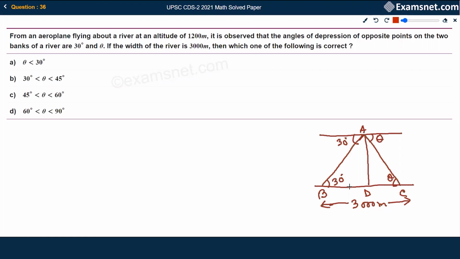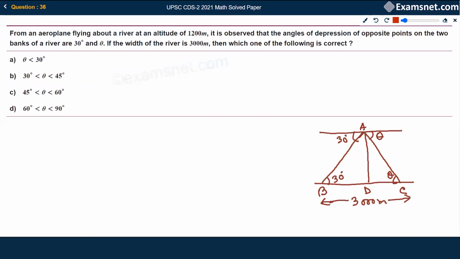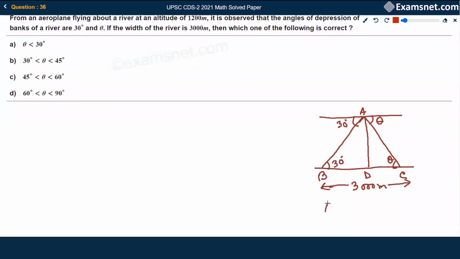I have already done the construction diagram of the above scenario. So here AD is the altitude of the flying aeroplane and BC is the width of the river, that is 3000 meter. Since AD is the altitude, AD will be 1200 meter.